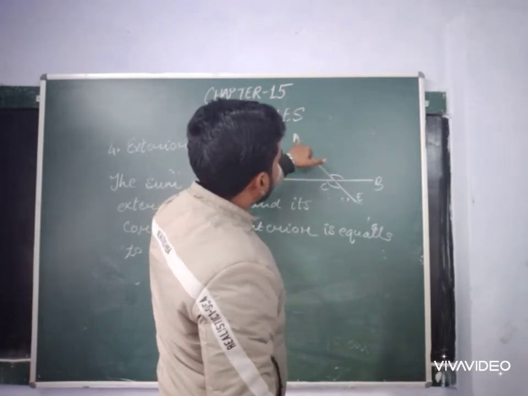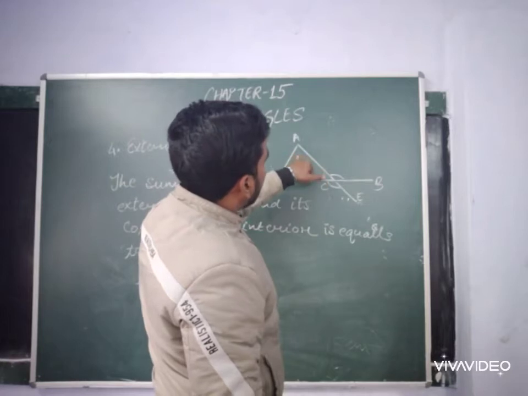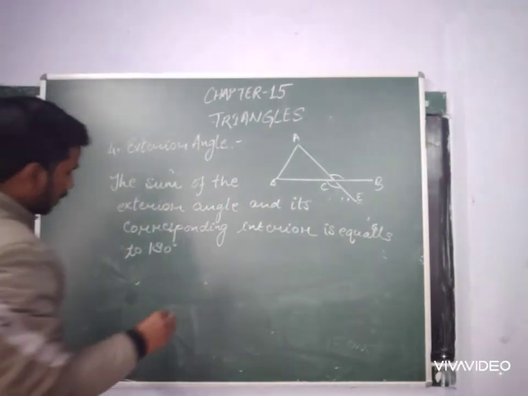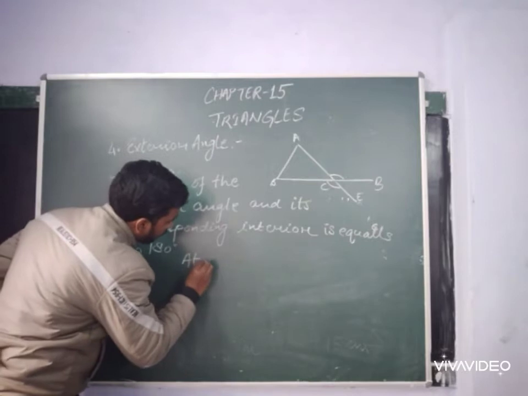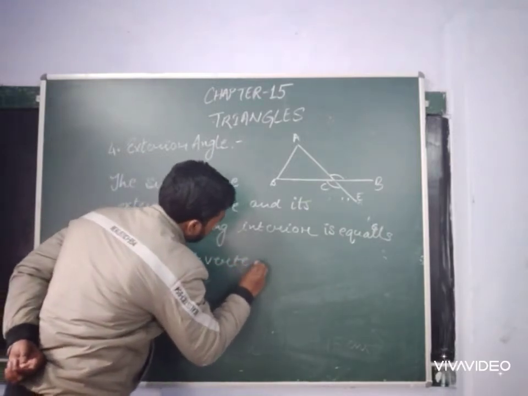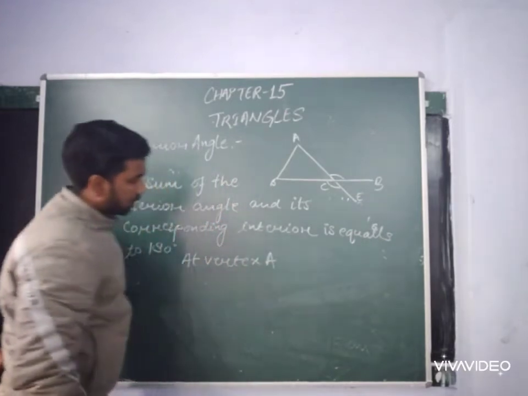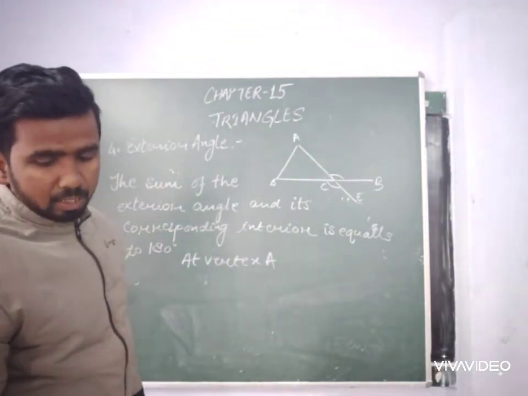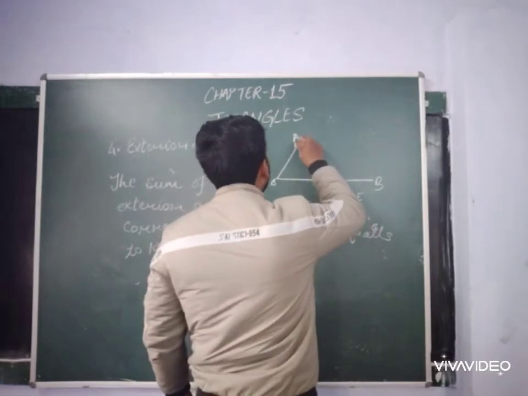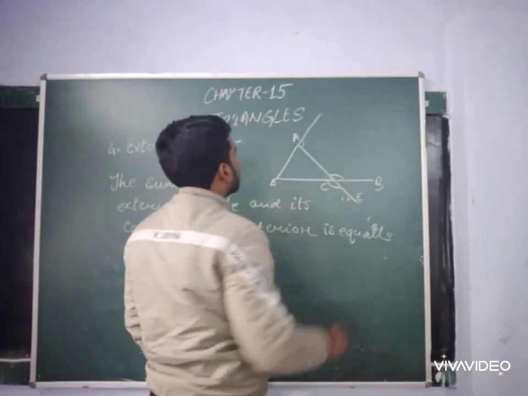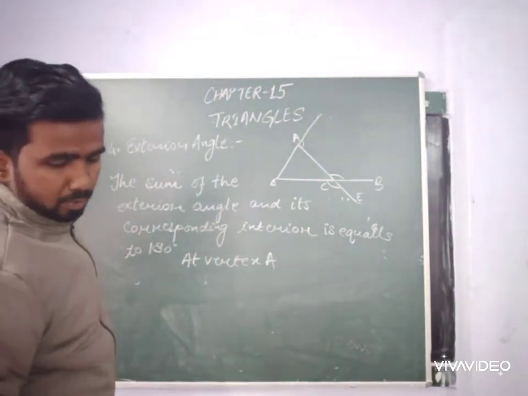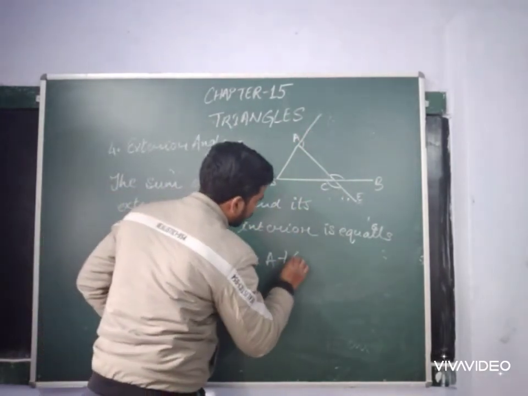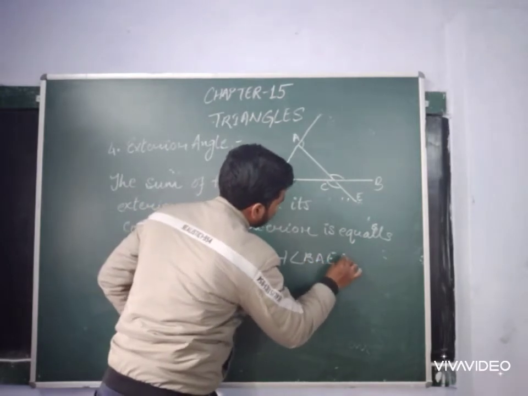So the sum which is forming at this vertex, of this angle and the outside angle, is 180 degrees. So if we are taking vertex as A, suppose we have produced this one, so the angle forming is BAE, so this will be equal to 180.